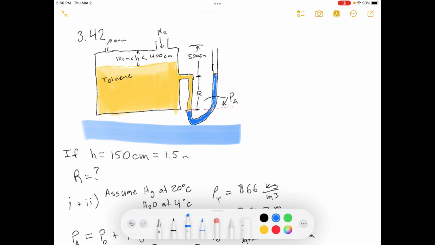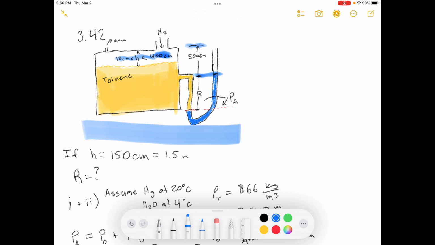Okay. So we've got our tank here. The toluene level fluctuates between 10 centimeters and 400 centimeters, but we're 500 centimeters down, attached right here. And this level is equal to this level when the tank level's at 150 centimeters.